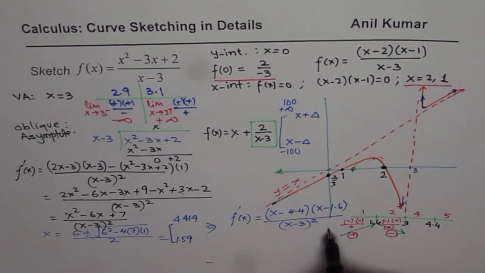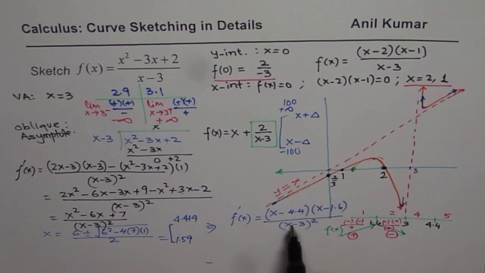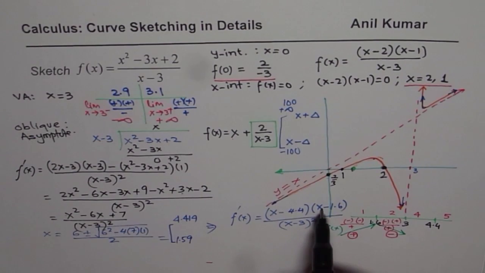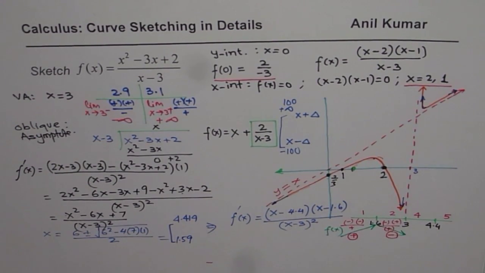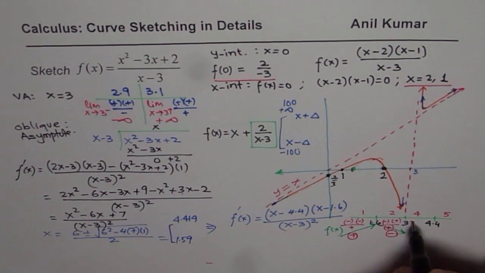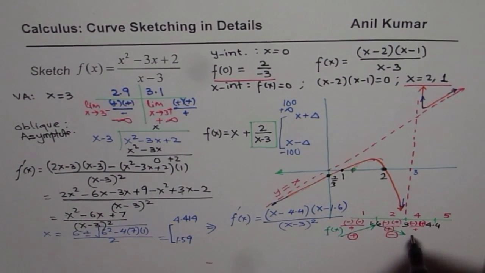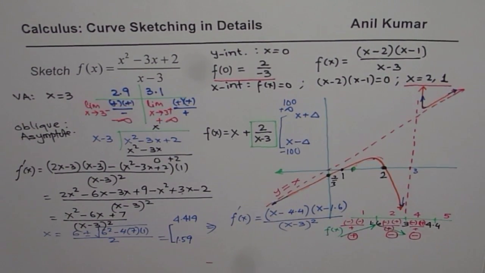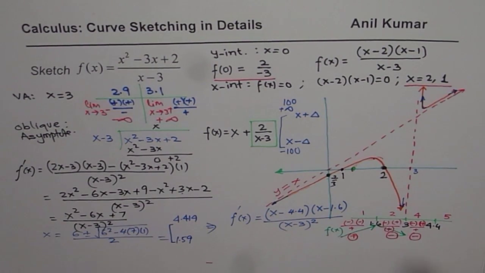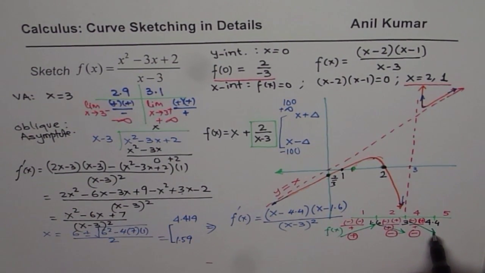So this is increasing, then decreasing for the function. Now if I write 4 here, then this is negative, this is positive, this is positive, right? So it'd be negative, positive over positive, correct? That is also negative. So it will be again decreasing in this interval, correct?